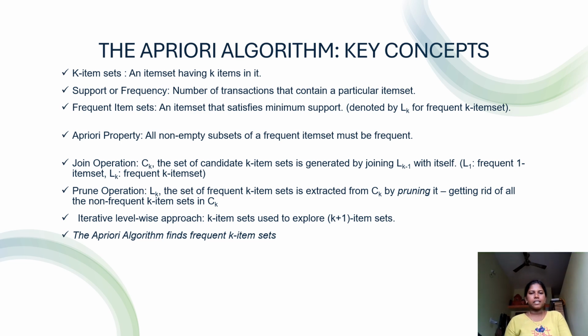Prune operation: Lk, the set of frequent k-item sets, is extracted from Ck by pruning it, getting rid of all the non-frequent k-item sets in Ck. Iterative level-wise approach: k-item sets are used to explore k+1 item sets. The Apriori algorithm finds the frequent k-item sets.